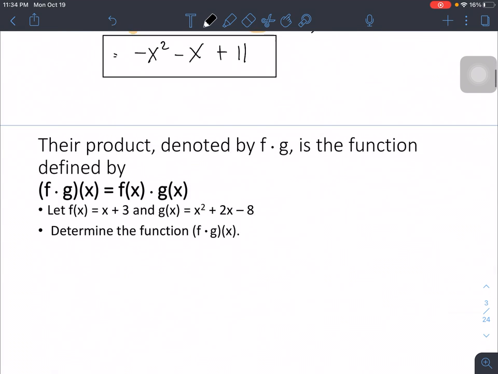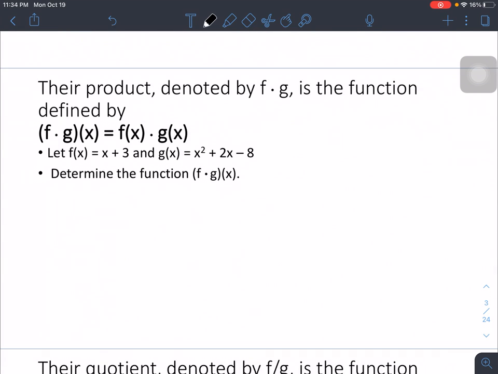Next one, product operation. Their product denoted by f multiplied by g is the function defined by f multiplied by g of x is equal to f of x function multiplied by the g of x function. So we just need to multiply f of x function with the g of x function.